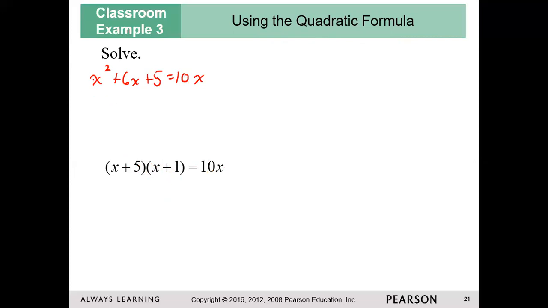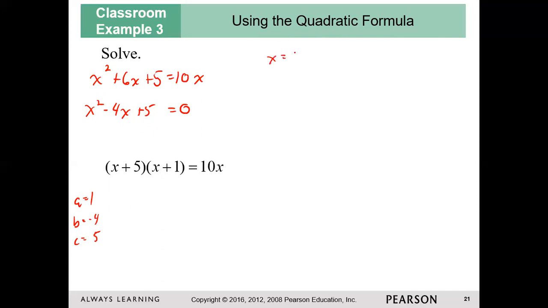And then we subtract 10x from both sides, we get x squared minus 4x plus 5 equals 0. And we can try to get this to be a factorable problem, but it's not, so we have no choice but to use the quadratic formula. So a is 1, b is negative 4, c is 5.